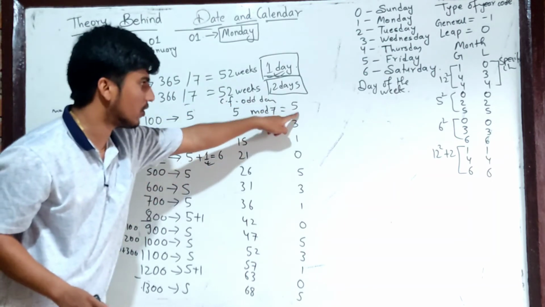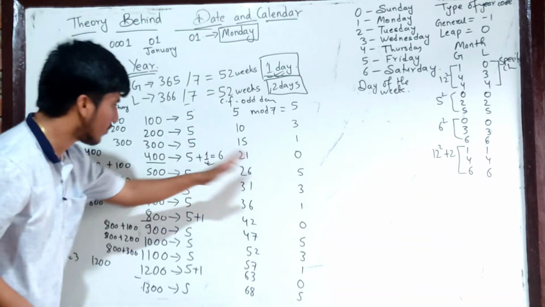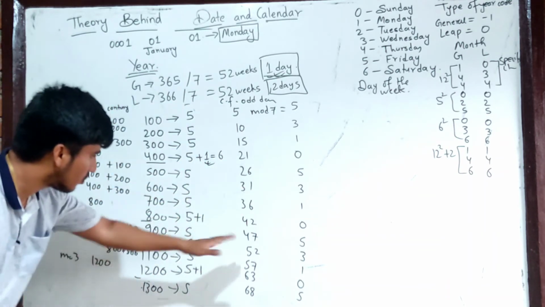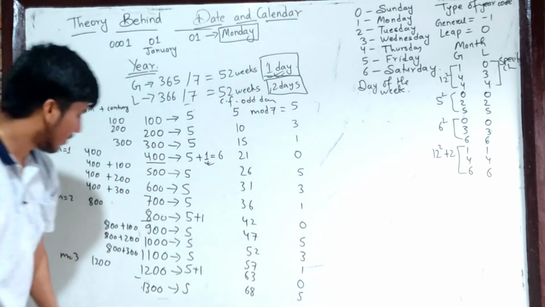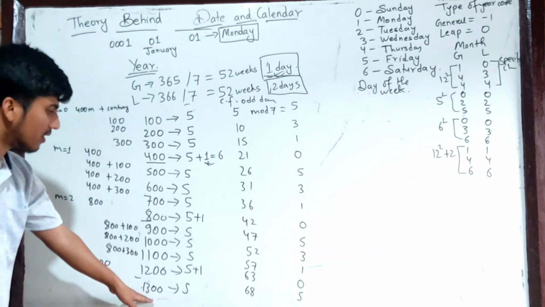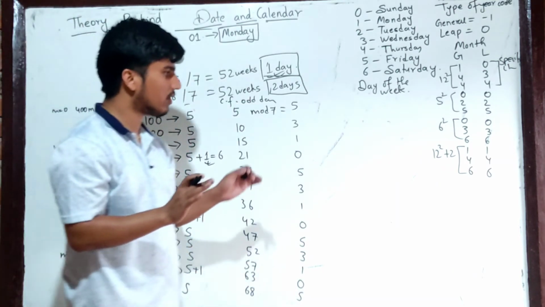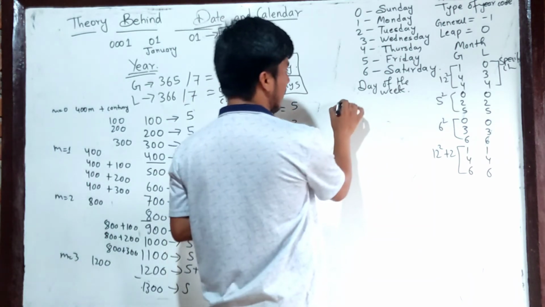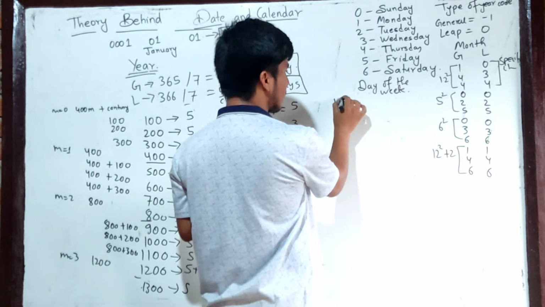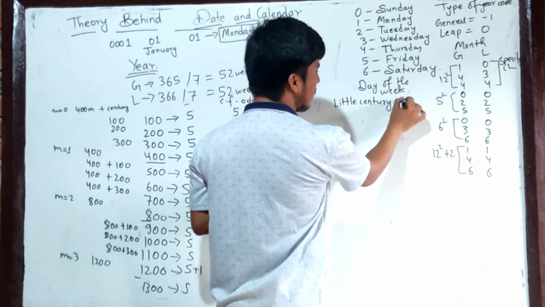For 100 the code is 5, for 200 the code is 3, for 300 the code is 1, and again 5, 3, 1, 5, 3, 1. And again here if we add 1200 plus 100, this gives us 1300, and for that the code is 5, right? So we have a specific code for the little century years.